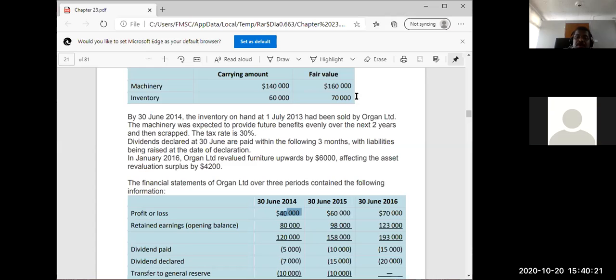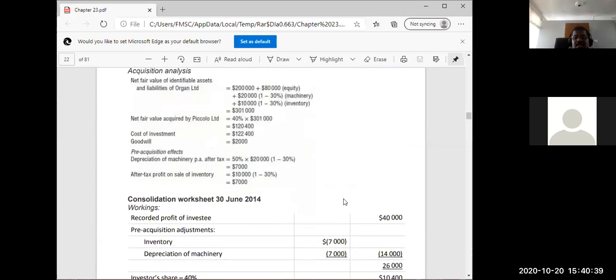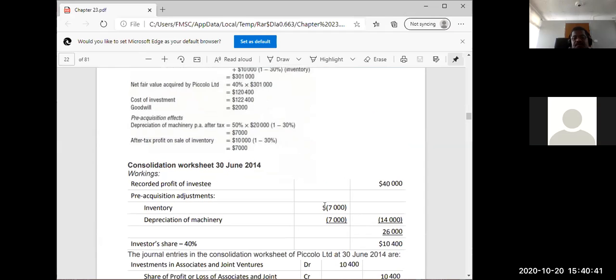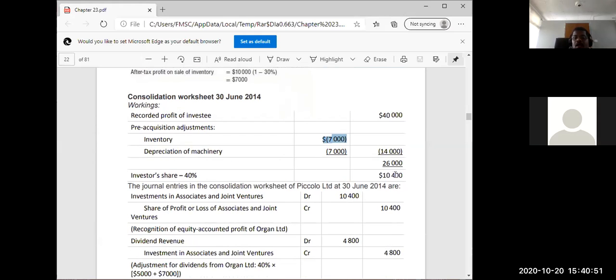But you have to remember, since we use the equity method, we only take the investor's portion. The difference between 60,000 and 70,000 is 10,000. From 10,000, you take only the net of tax 40%. So that's why here we take 7,000 and deduct it. That's why we are deducting the adjustment for the opening stock here. Is it clear? Right.